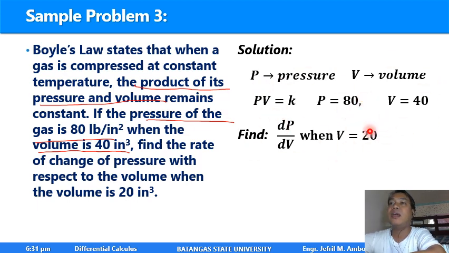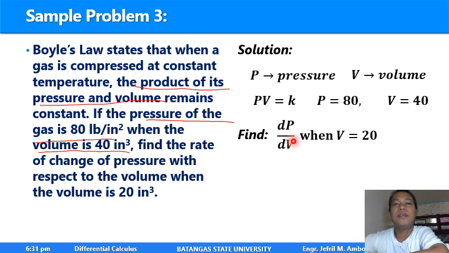Now, after having written all of these mathematical expressions, we can solve the problem. What we are looking for is dP over dV when V is 20, the derivative of P with respect to V. But before we can differentiate P with respect to V, we first need an expression for P in terms of V. Where do we get that?